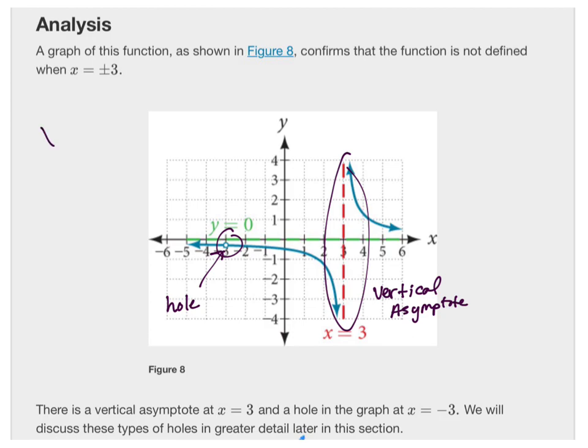So I want to go back to this function. It was x plus 3 over, and we had x squared minus 9 in the bottom. I'm going to write it in factored form, x plus 3 and x minus 3. Notice that I have what are called common factors here. X plus 3 on top and bottom.